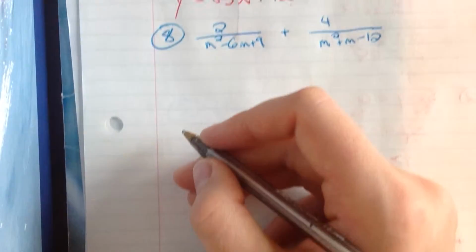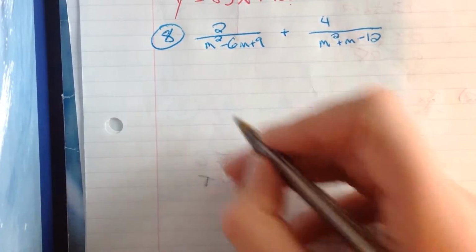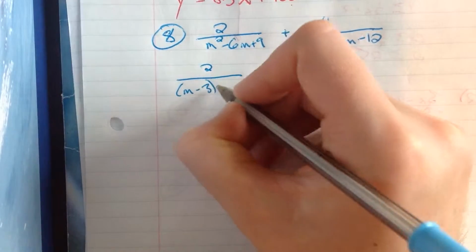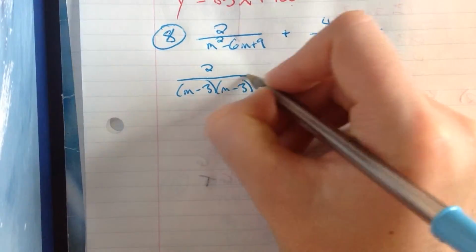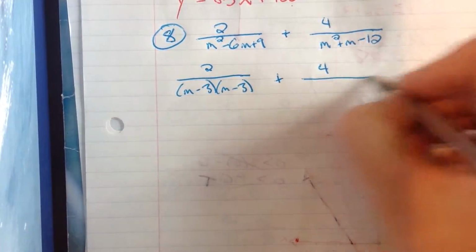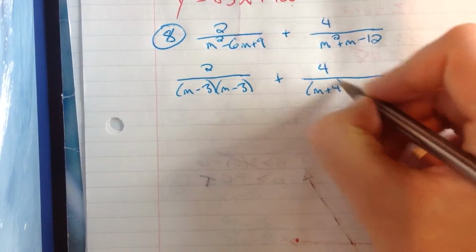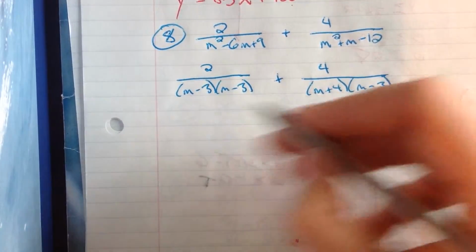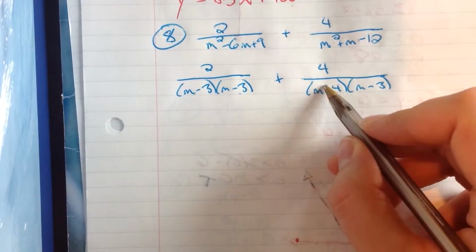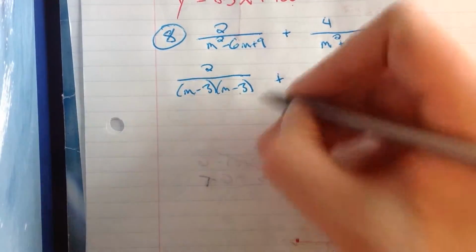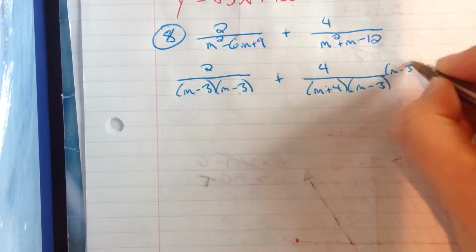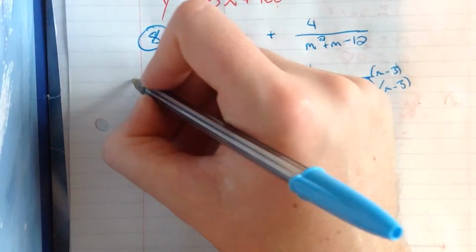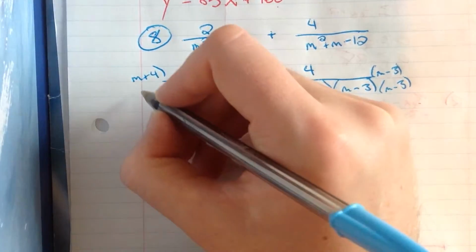Writing these in factored form, I get 2 all over m minus 3, m minus 3, plus 4 all over m plus 4, m minus 3. So our common denominator needs to have 2 of these and that one. So this one is missing one of the m minus 3's, and this one over here is missing an m plus 4.